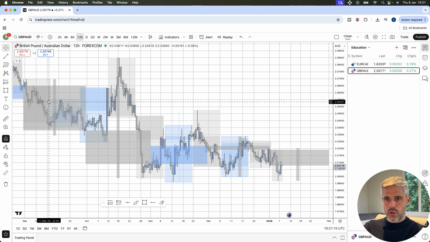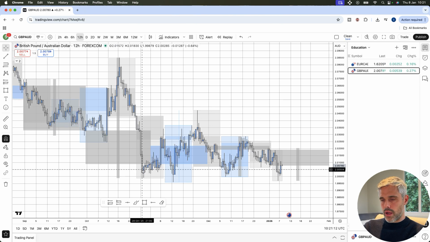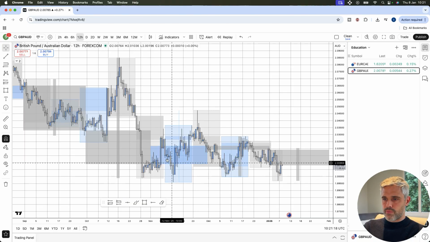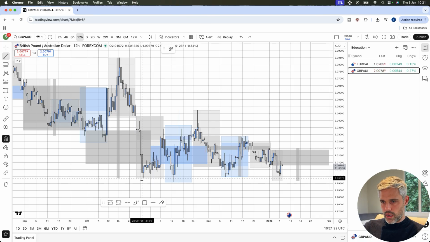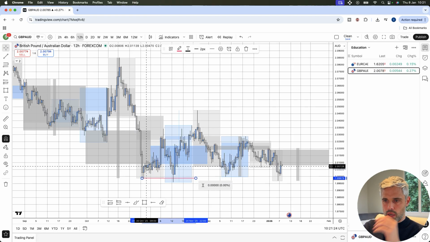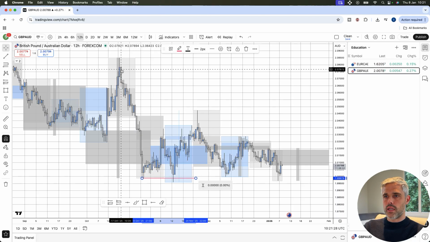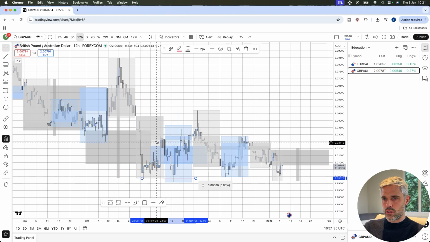Price closed below this candle's low. So anywhere in this candle, we're expecting price to continue lower. However, mid-candle, what happens is we get a liquidation of this low. And this just happens to be both the monthly candle's low, but also this 2-week candle's low, which you can see in here.